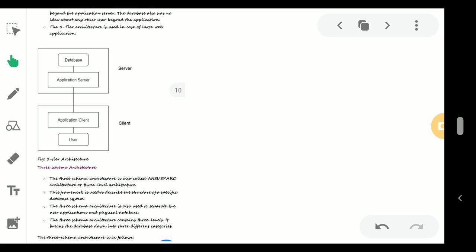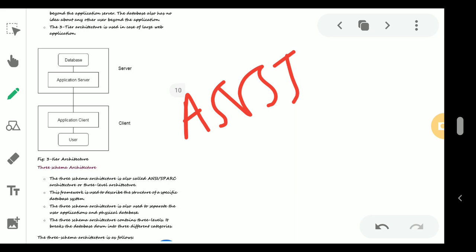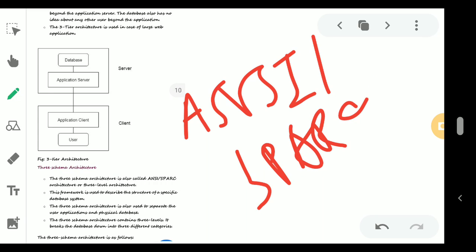The 3-schema architecture is also called ANSI/SPARC architecture. Again I am writing, it is known as ANSI/SPARC architecture, the 3-schema architecture. Okay, so the framework is used to describe the structure of a specific database system.